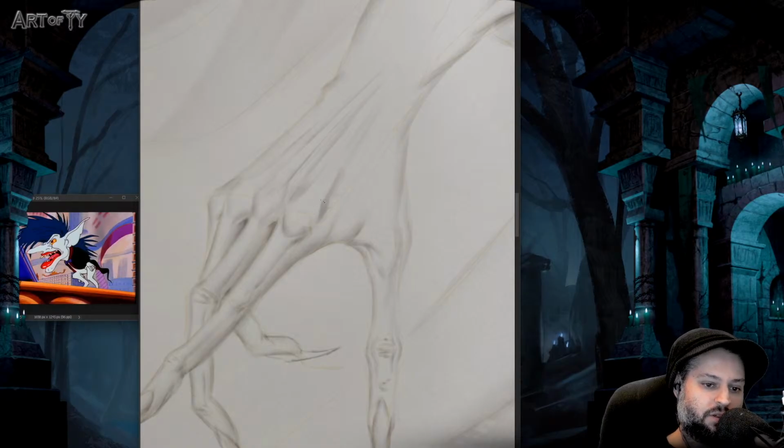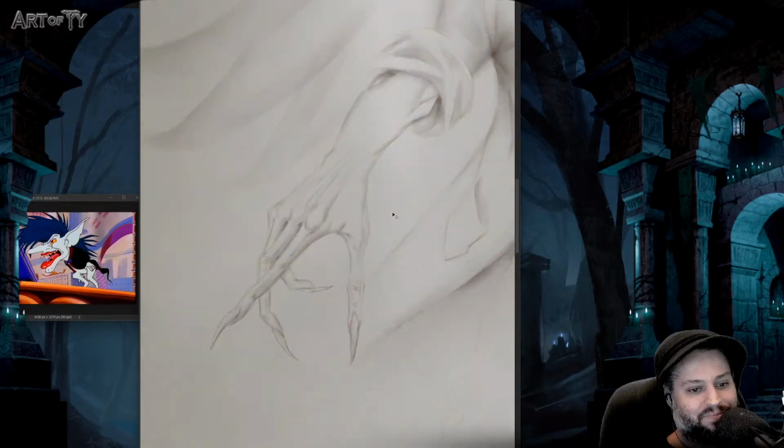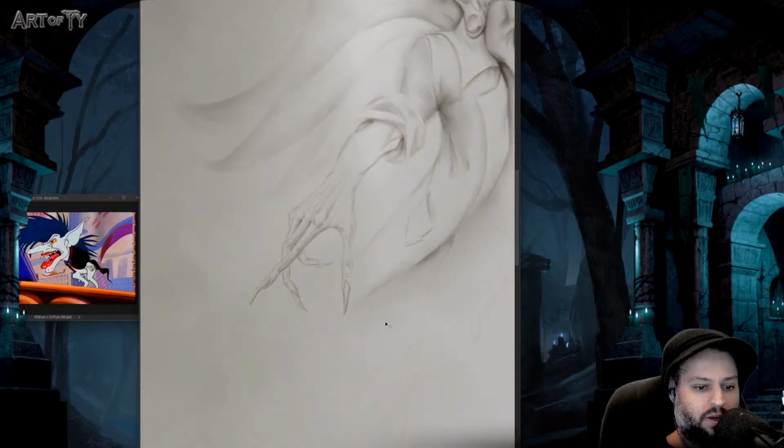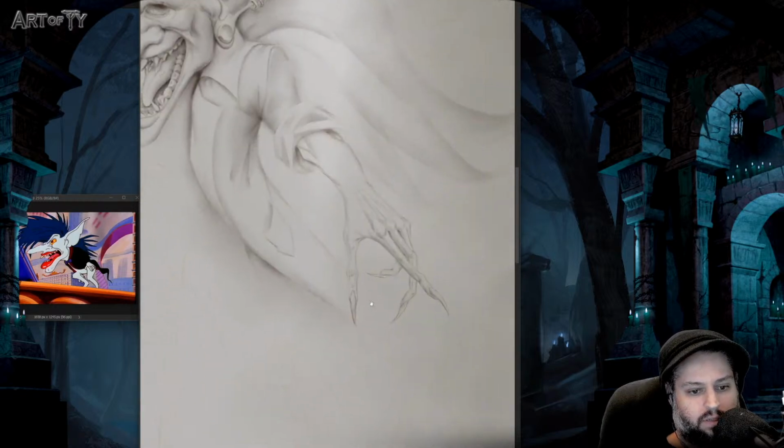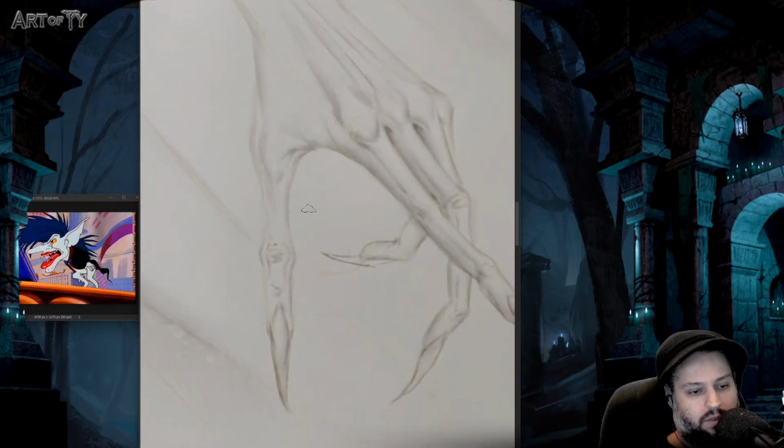I mean, those are all situations where the hands require insane amounts of attention, right? So you can see even with a full body design like this, we're still trying to be really descriptive with what these hands are doing.